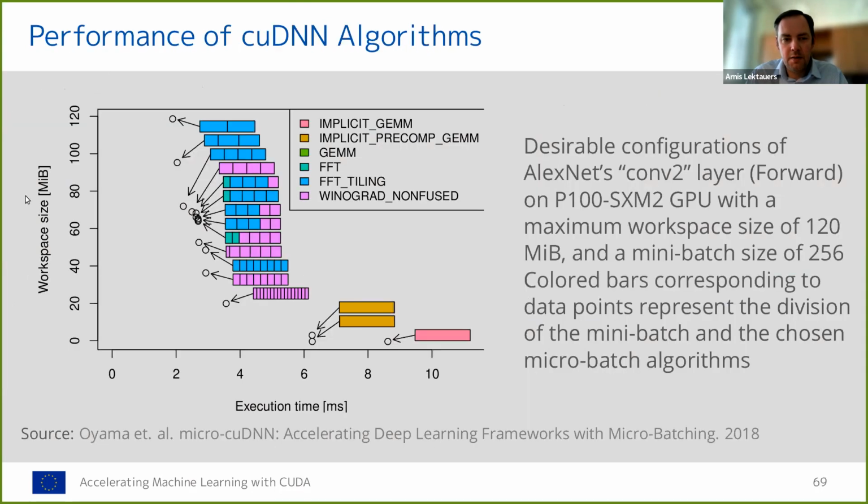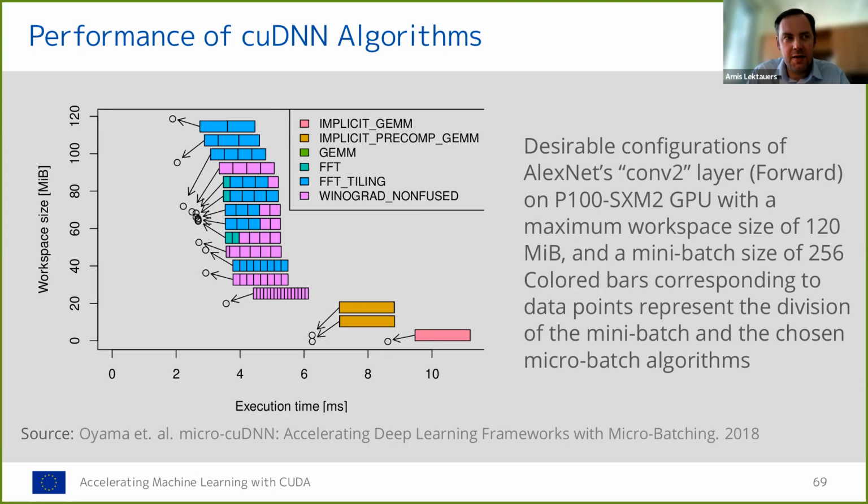The given slide summarizes the reason why different algorithms are implemented and available, because of course each of the algorithms has its own advantages or drawbacks regarding the necessary memory amount or performance.